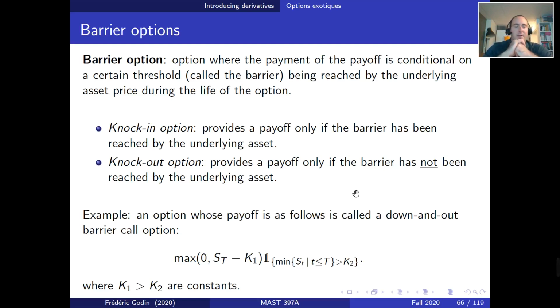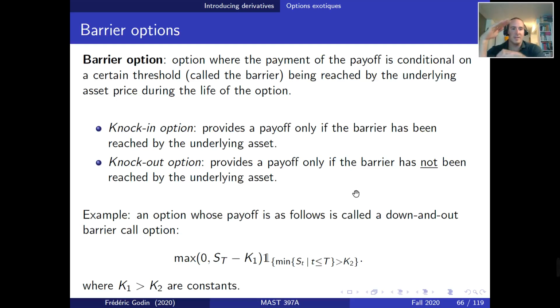For example, we have what we call knock-in options. These options provide a payoff analogous to a call or put option, so analogous to vanilla options. But knock-in means that the option payoff is provided only if some barrier or threshold is reached by the underlying asset throughout the life of the option.